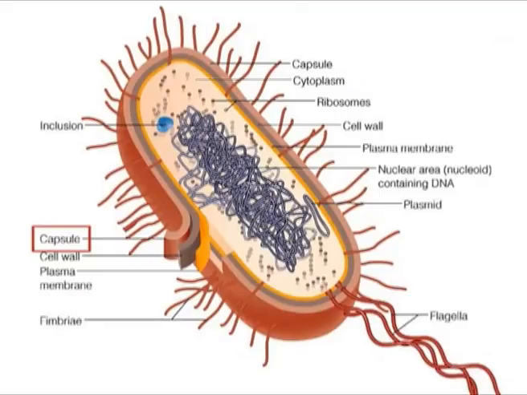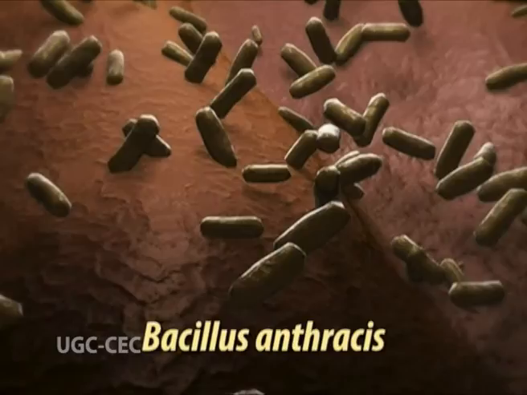Capsules are well organized viscous layers of polysaccharides lying outside the cell wall. Most capsules consist of polysaccharides. However, capsules of some bacteria like Bacillus anthracis consist of polypeptides, mainly poly-D-glutamic acid.